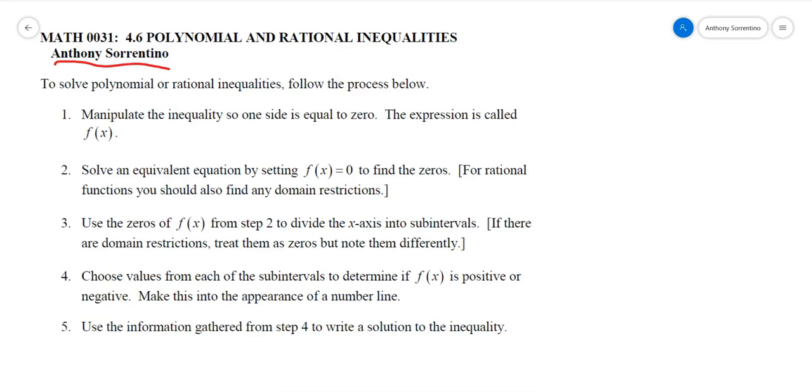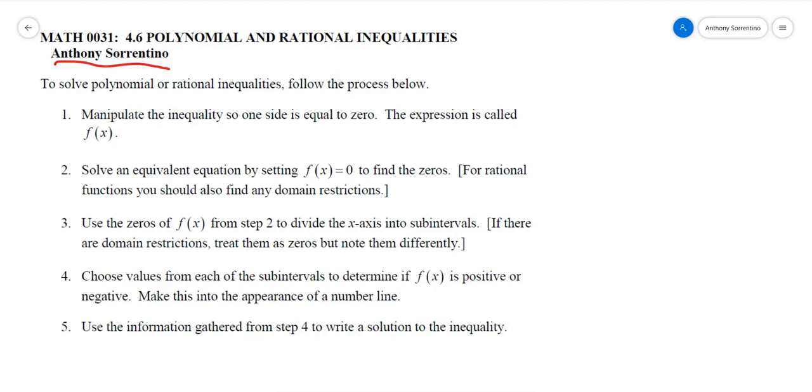In those special cases, you have to be aware that if you end up with an equation that has no solution when you solve the equation set up from the inequality you had, that means you could either have no solutions for the inequality as well, or everything could be a solution.